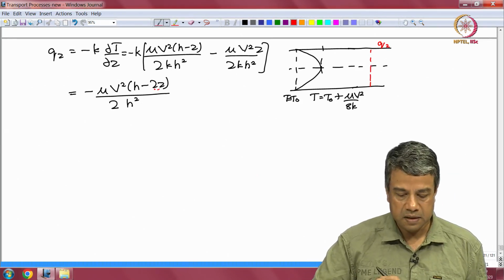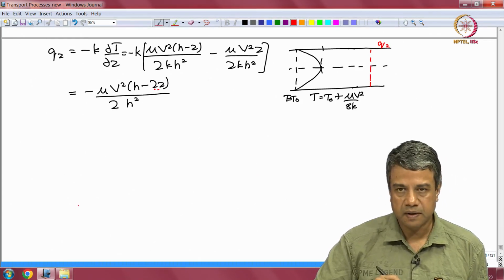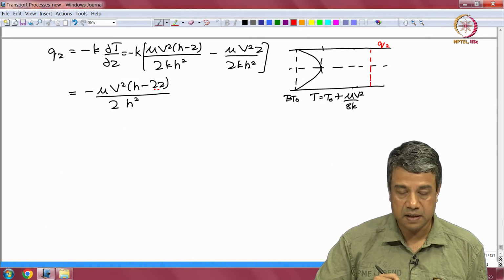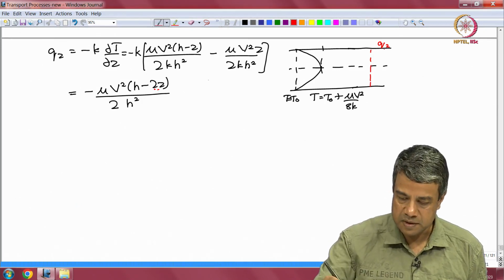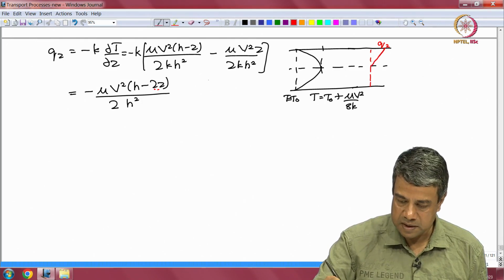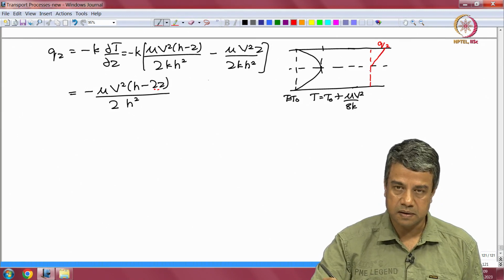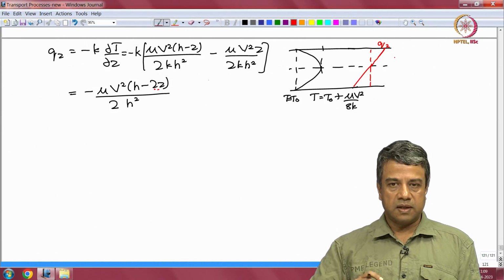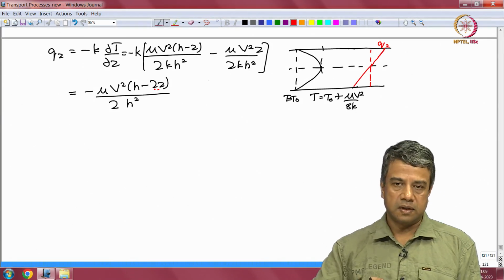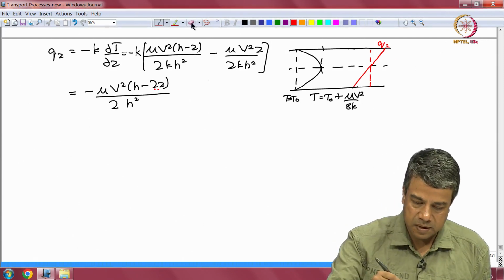It is going to be positive if h is less than 2 z. So, above the center line it is going to be positive, and below the center line where h is greater than 2 z, or z is less than h by 2, it is going to be negative. So, you have heat flux going upward on the upper half of the channel, going downward on the lower half of the channel.